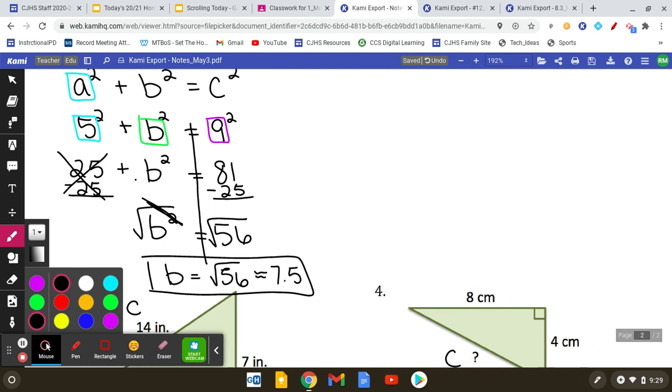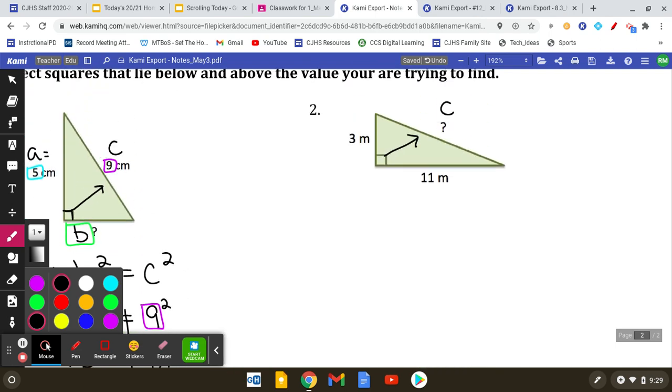Let's look at another one. Number 2. So again, let's just have this as our A, this is our B. So we'll have to do A squared plus B squared equals C squared.